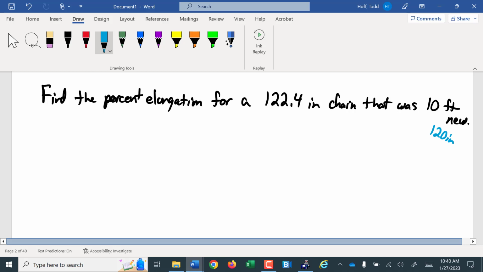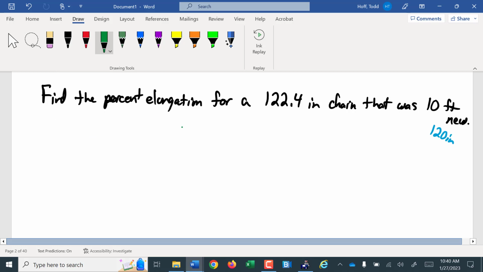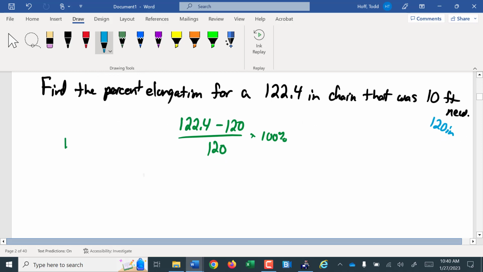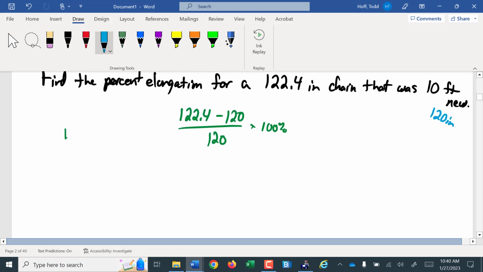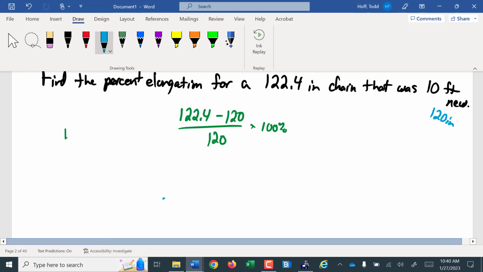I'll let you guys go from there. What did we get for elongation? 2%.